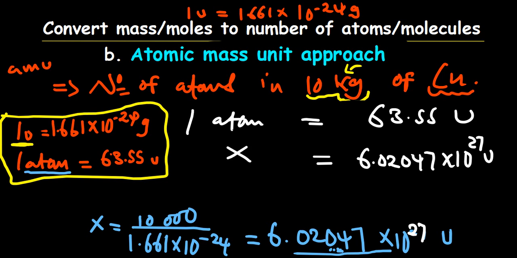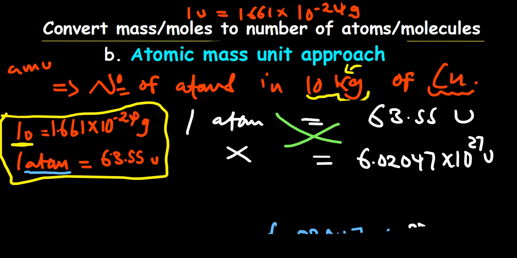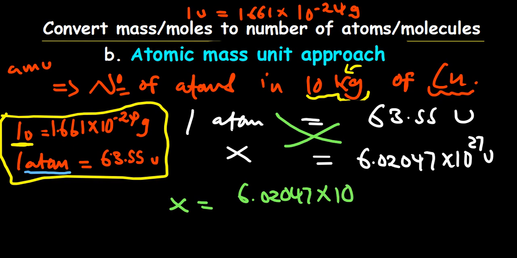The next thing is just to cross multiply. So when we cross multiply, X, our number of atoms, is equal to 6.02047 multiplied by 10 to the power 27, divided by 63.55. Let's punch that on our calculator.